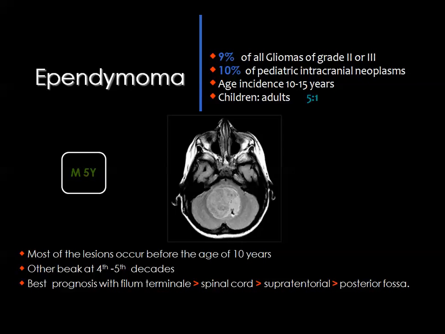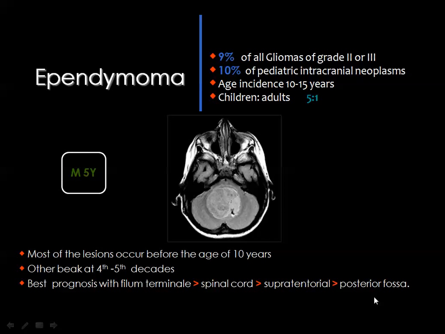And you know that ependymoma can occur along the central nervous system, starting from the filum terminale to the spinal cord intramedullary and the supratentorial, then the posterior fossa. Posterior fossa lesions have the worst prognosis of all these types of ependymomas.